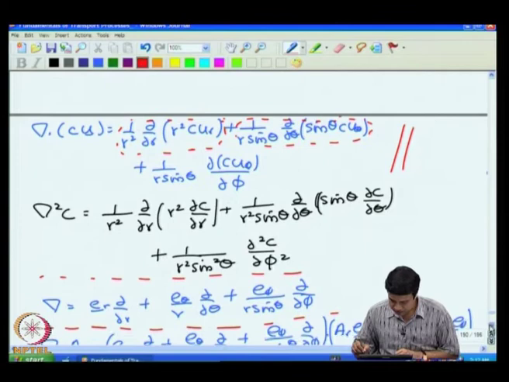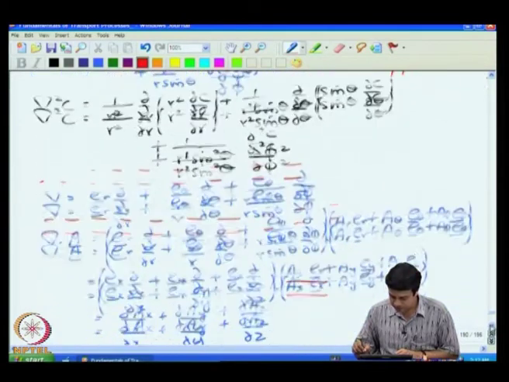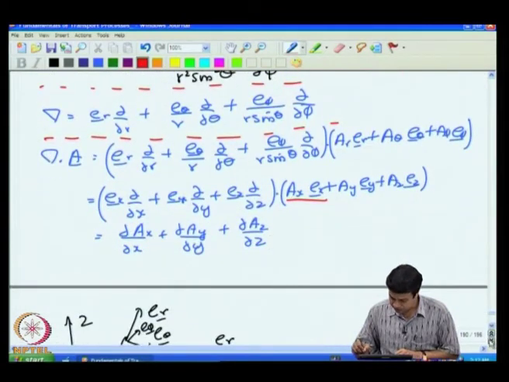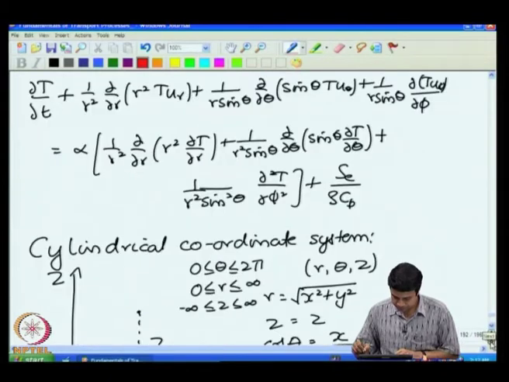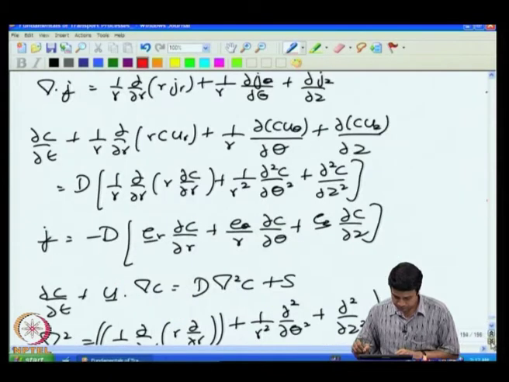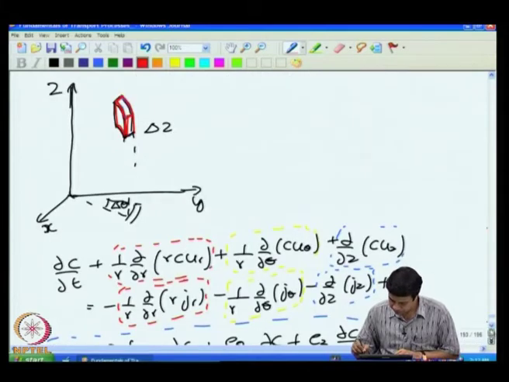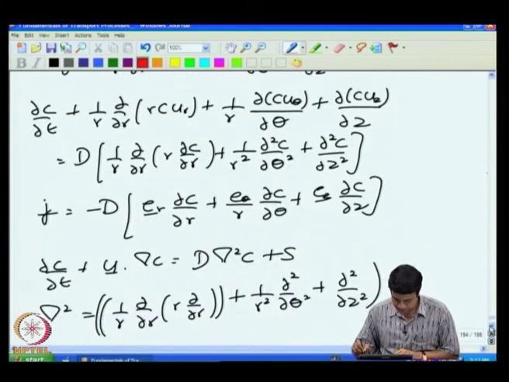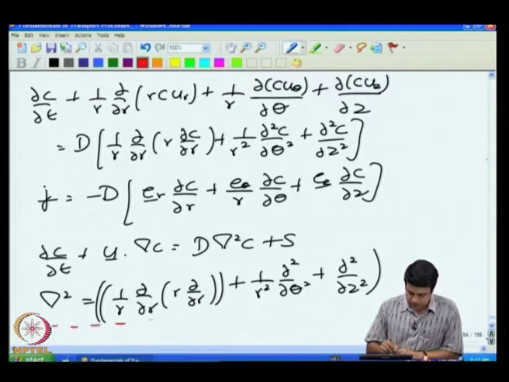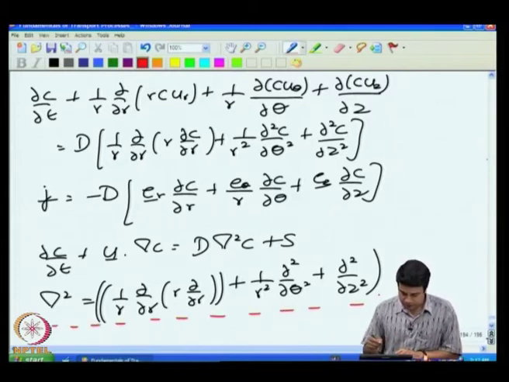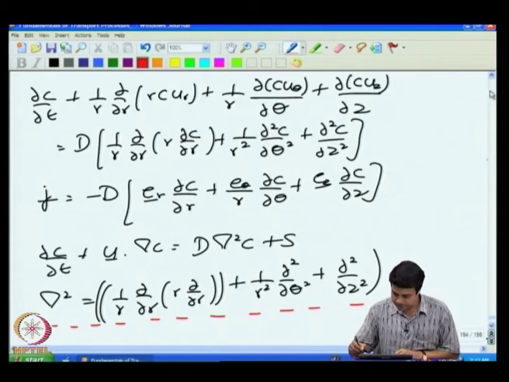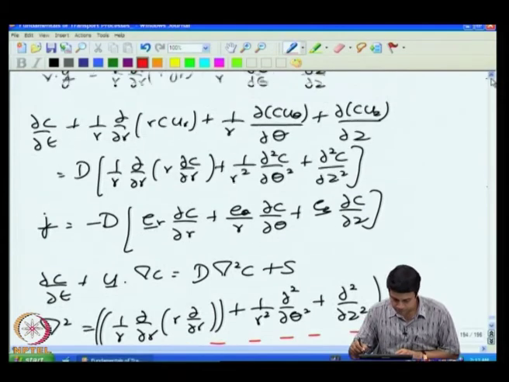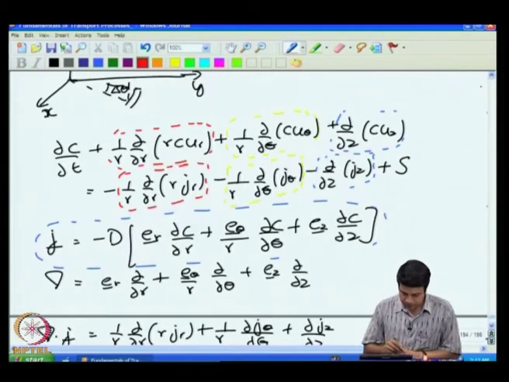In a similar manner, I had got for you the operators in a cylindrical coordinate system. So, this is the Laplacian operator, the gradient is given right here, and the divergence is given by these three terms.